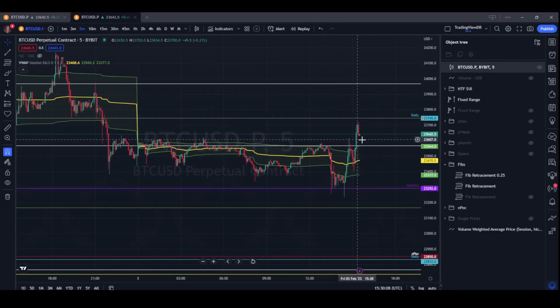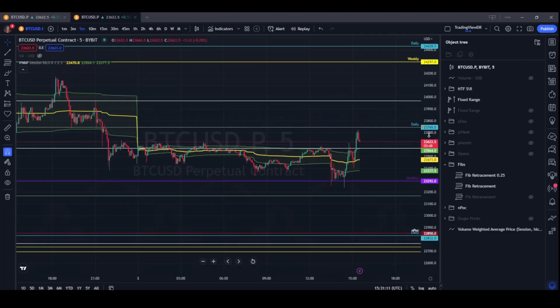I can go and do something else until that happens, and I've set it so that the alert will sound on my cell phone. So I could look for a scalp short at this level, but the real area where I'd be interested in a short is up in this zone over here, just below the weekly. And I would only be looking for longs if it came right down to this area of support over here.